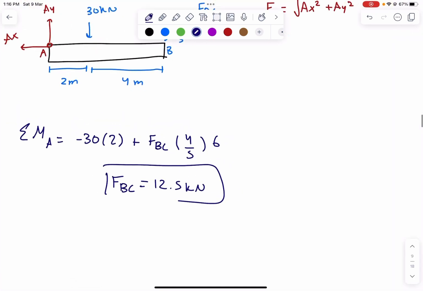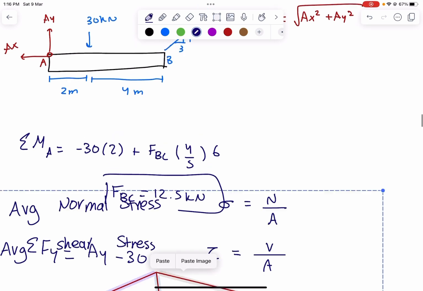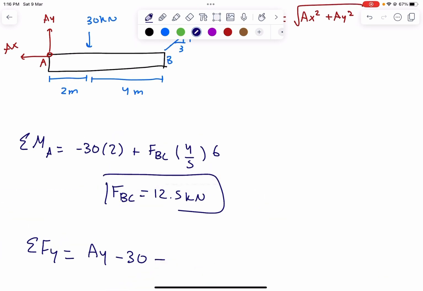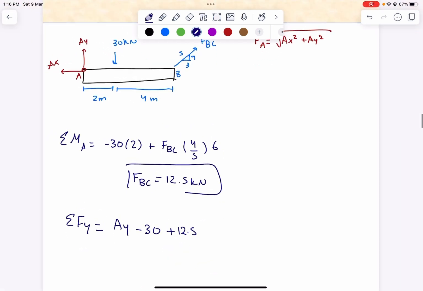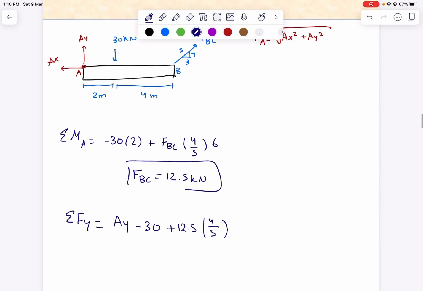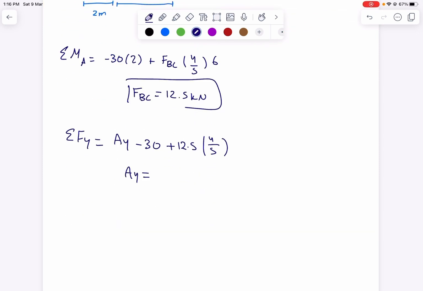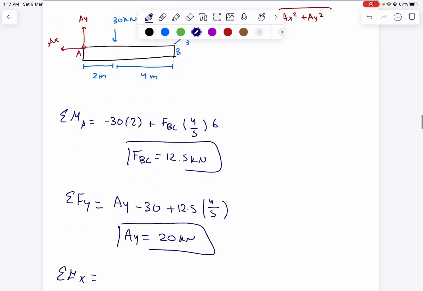Now we will sum the forces in the y. AY minus 30 plus 12.5 times 4/5. So AY is equal to 20 kilonewtons. Now we need to sum the forces in the x direction.